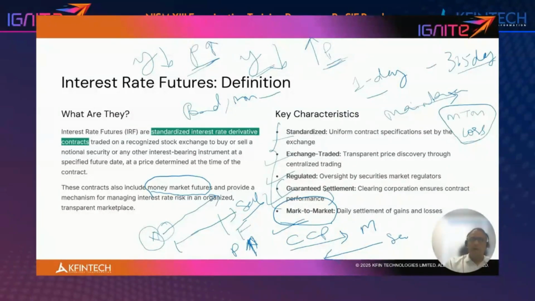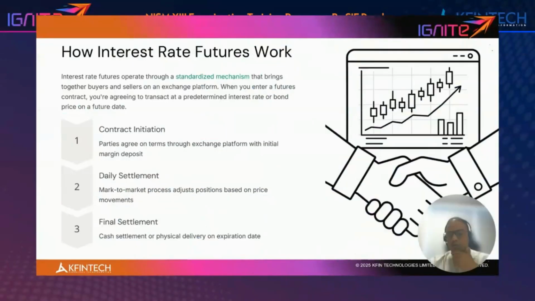He has to furnish the maintenance and variable margin on a daily basis to the exchange to keep his holding live. In case he fails to do the settlement of the mark to market, the exchange or the broker will have the right to square off the position and recover the money. So this is the overall introduction of interest rate futures.